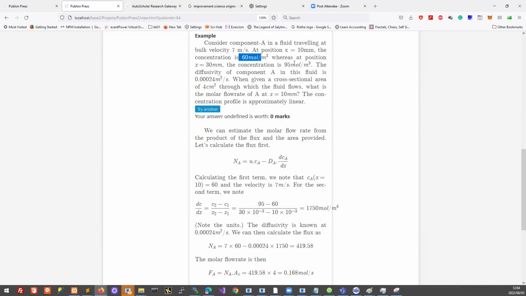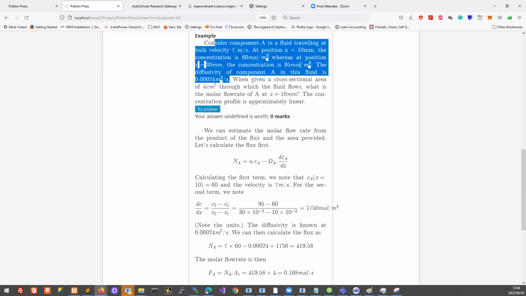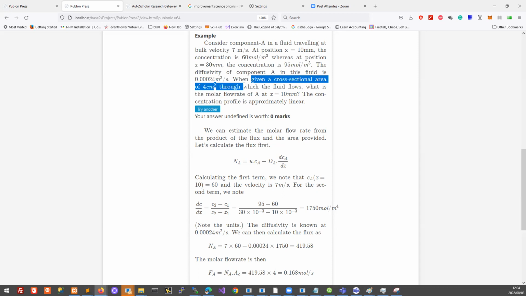So we are picking up A from somewhere, maybe from the walls of the vessel or something, but however it's happening, those are the two concentrations. And we are given the diffusivity. So we can use all this now to estimate the molar flux of A, and then we've got the cross-sectional area through which the fluid is flowing, so we can estimate the actual molar flow rate at a certain position.